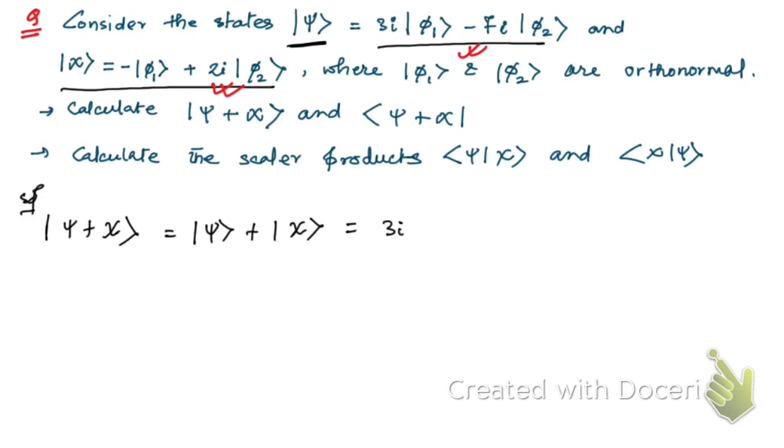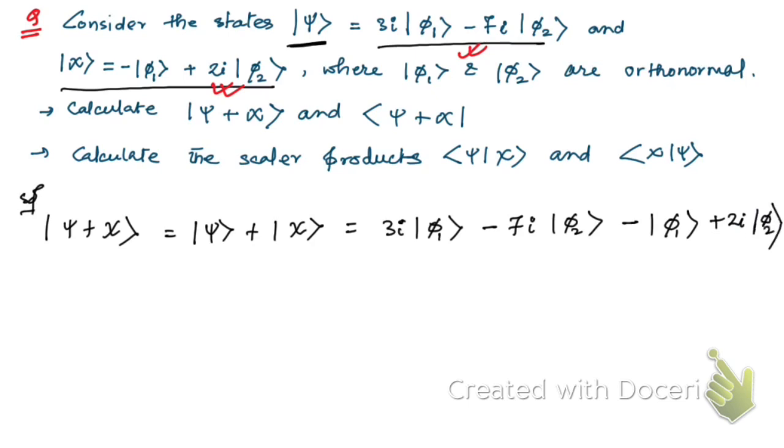That is 3i, this is i, the complex imaginary number, ket phi 1, minus 7i ket phi 2. Then for this one, we have minus ket phi 1, plus 2i ket phi 2.